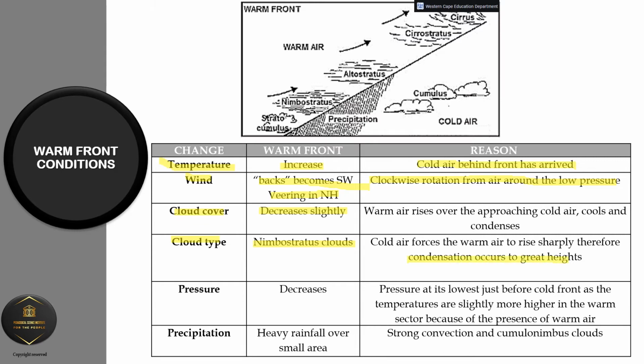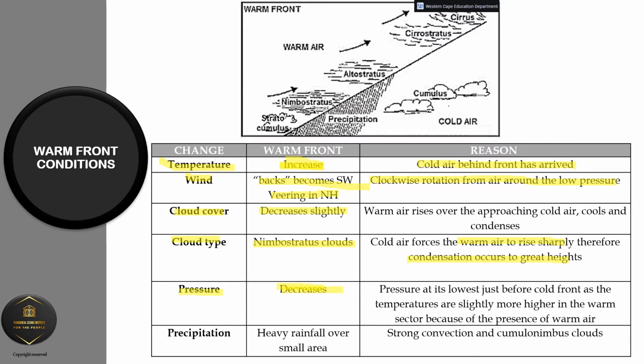So because of the condensation, we are going to have nimbostratus clouds forming as a result of that. And then what happens to the pressure is that the pressure will decrease. Remember, temperature increases, so remember these two are always inversely proportional to each other, or they are opposite to each other. So you are going to have a decrease in pressure.